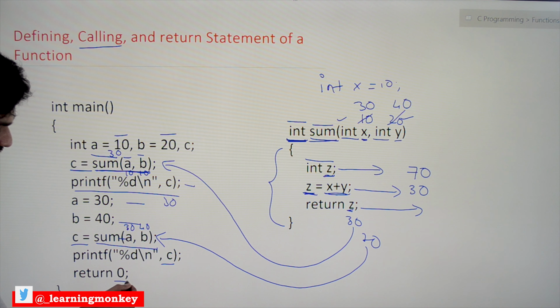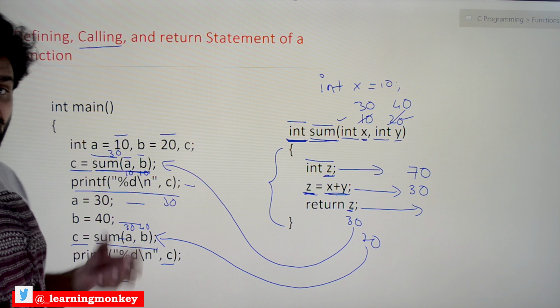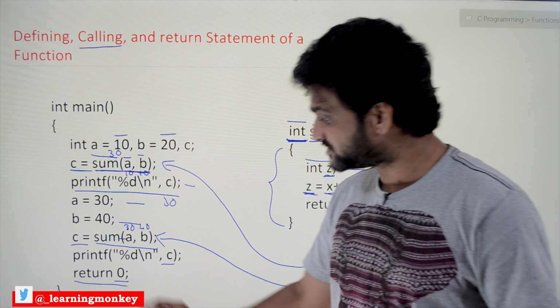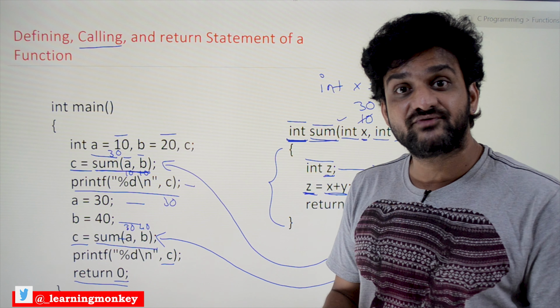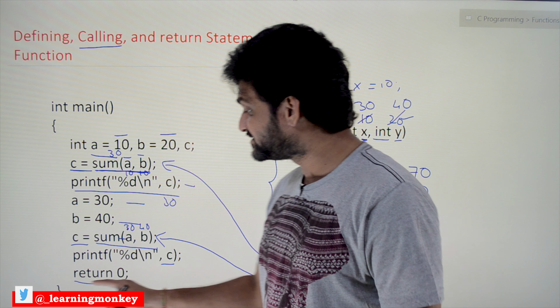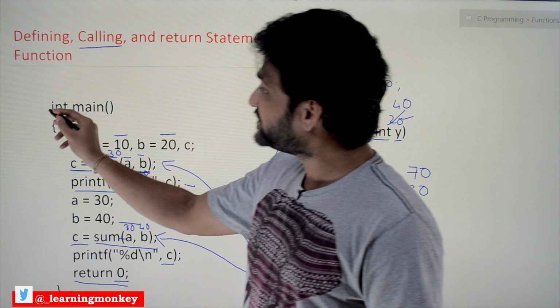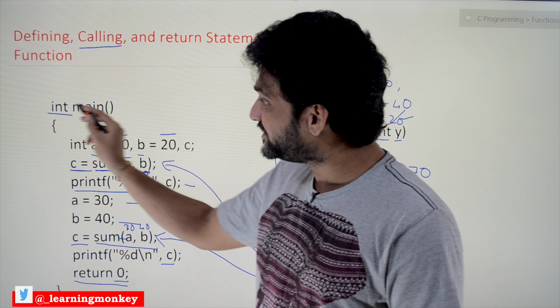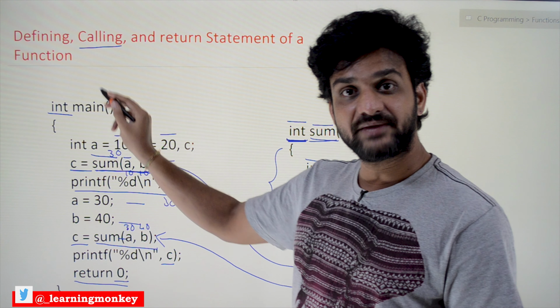So here is return 0. What is this return 0? So far we have written so many programs and we never discussed this concept. This is the time where we need to understand what this return 0 is. Here the main function is of type integer.